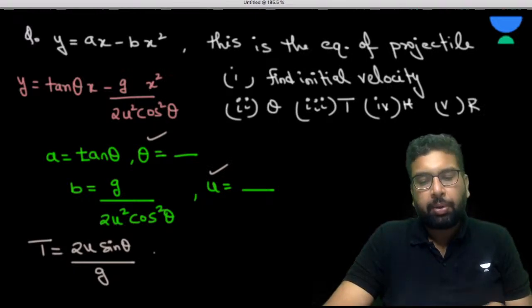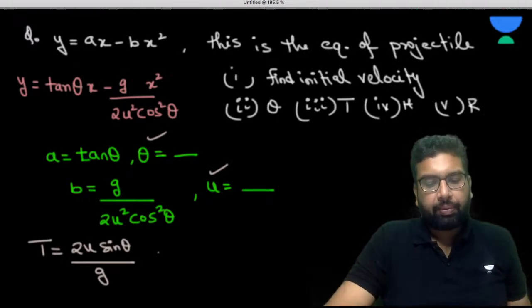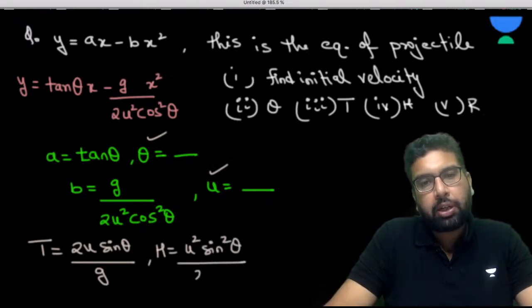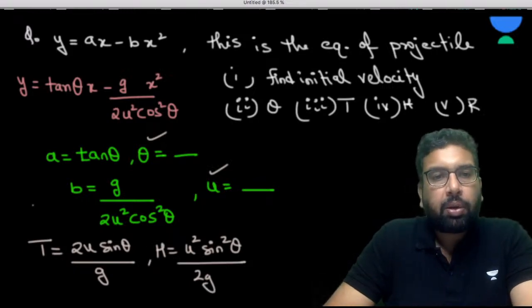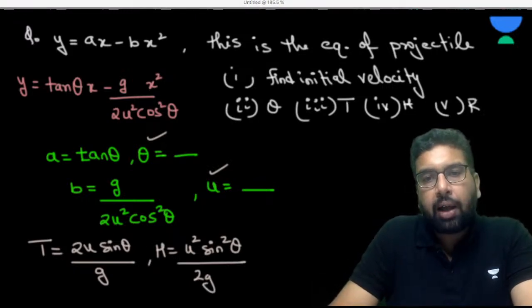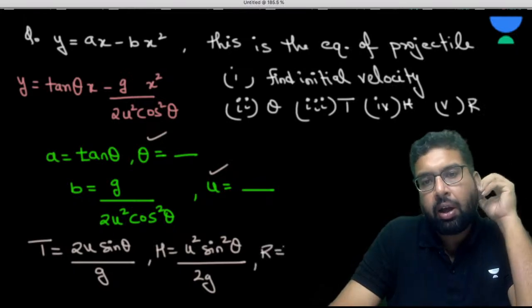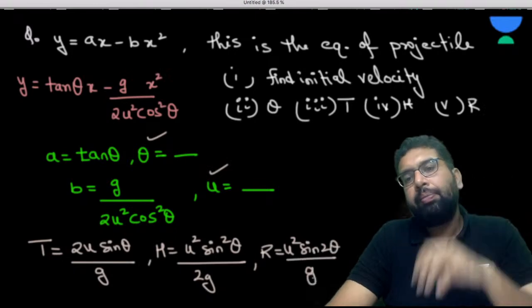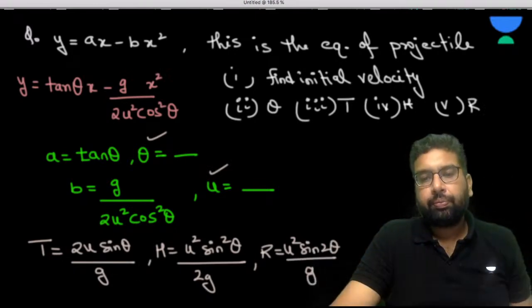If anybody is stopping you from finding the H, once you have theta, u square sine square theta upon 2g, right? Is anybody stopping you from finding the R? No, sir, absolutely not. Once we have u and theta, definitely we are going to find all these things. Agreed? Please answer me.